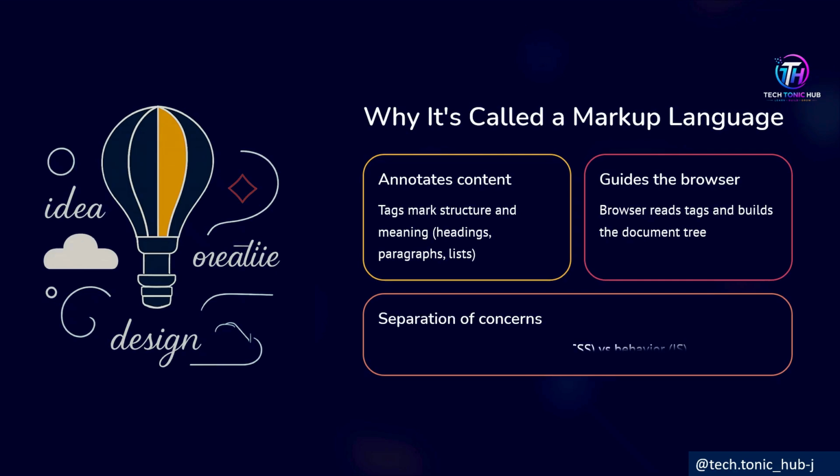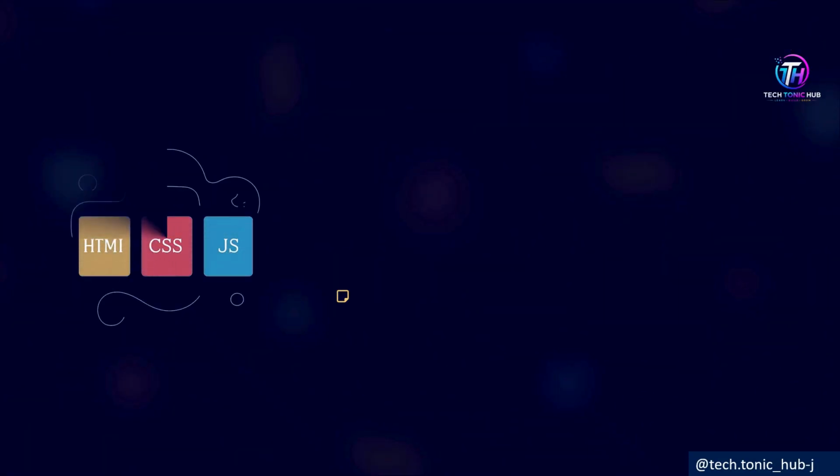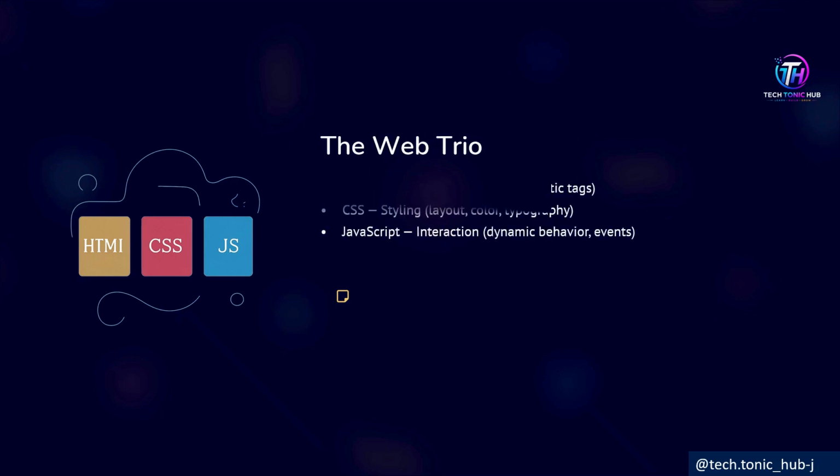It changes color, font, spacing, layout and the animation. Simply it gives the design or a style to a web page. And the third one, main language, is JavaScript. JavaScript makes the web page interactive. It handles buttons, clicks, image slider, form validation, pop-ups, games and much more.